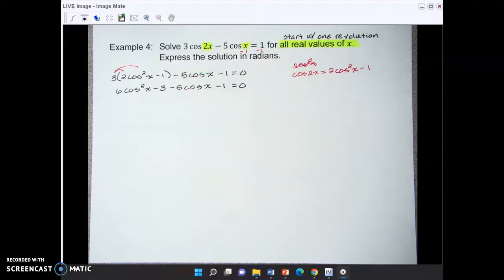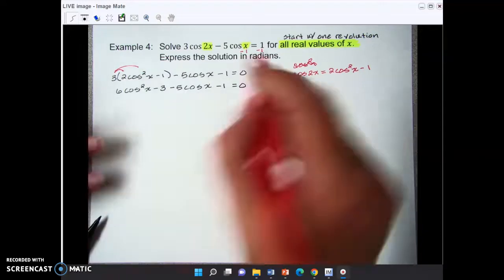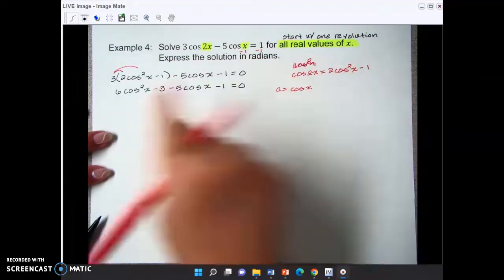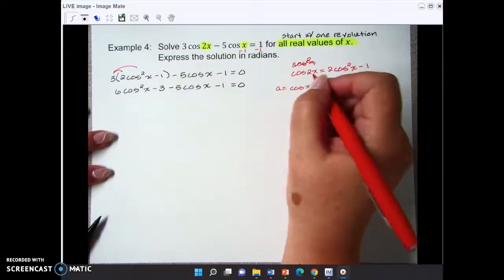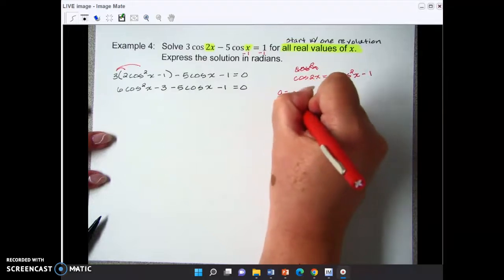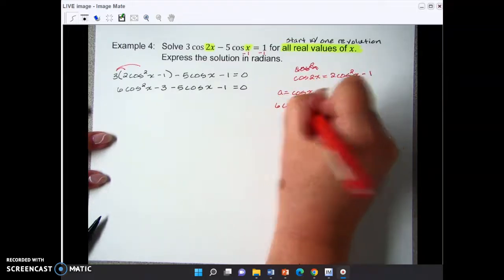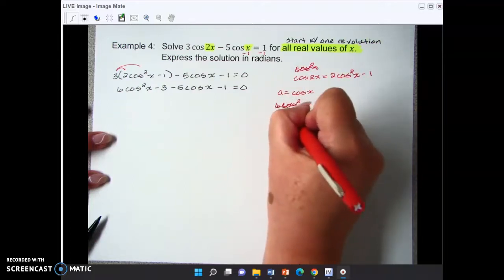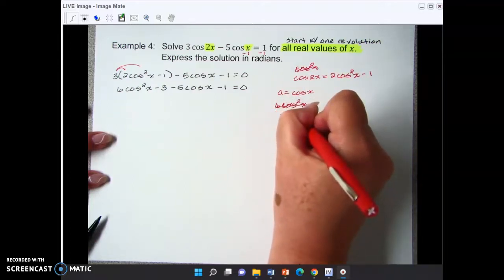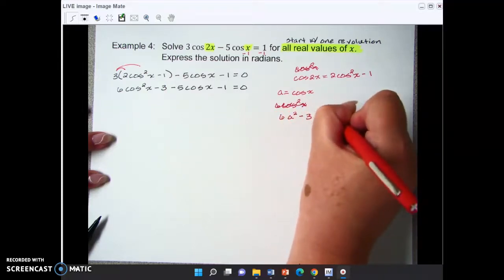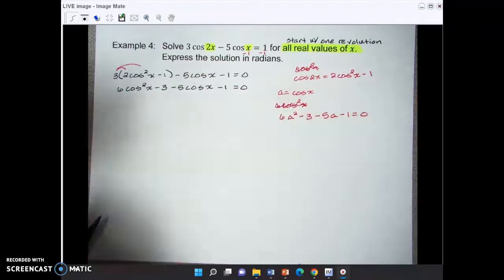All right, so I'm going to do this with algebra first. So I'm going to let a equal cosine of x. So that means here that I have 6 cosine squared of x. So I have 6a squared minus 3 minus 5a minus 1 is equal to 0.